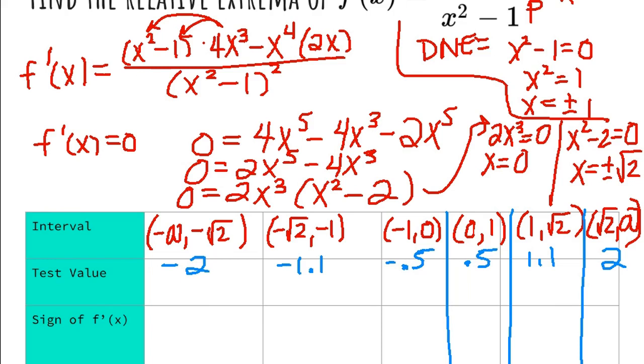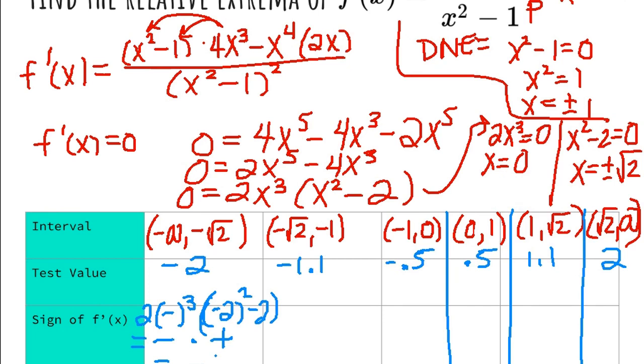So I'm going to figure out the signs. I'm going to get 2 times a negative cubed. I don't really care what that number is. I just know that a negative cubed is negative. Negative 2 squared minus 2, that's going to be positive. So I have a negative times a positive is a negative.